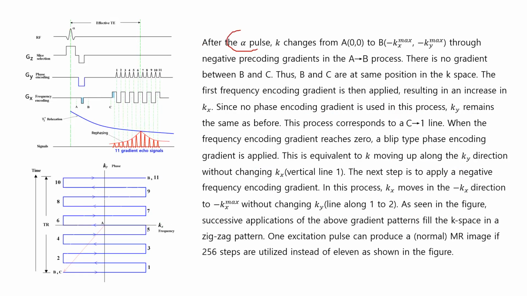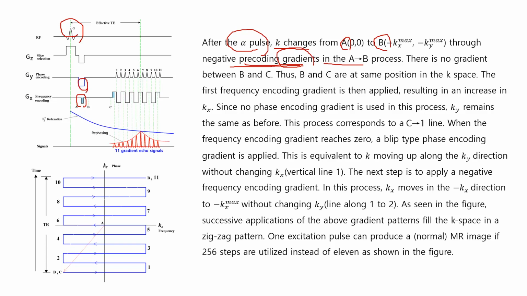After the alpha pulse, partial angle pulse, K changes from A to B through the negative prephasing gradients in the A to B process. So this is negative and this is negative.